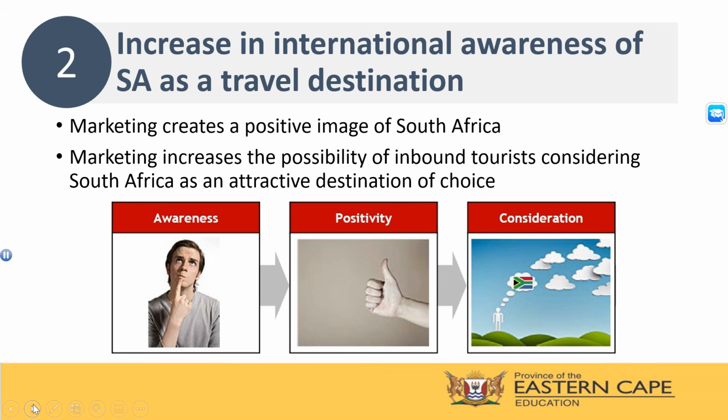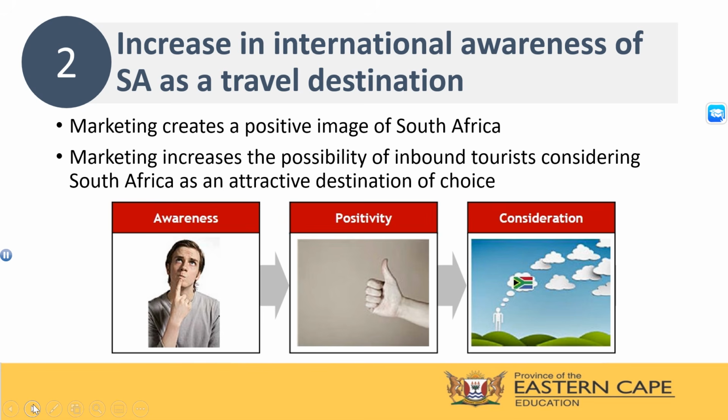If we then continue with our second key objective, and that is that marketing will create a positive image of South Africa. So remember, we've got our destination characteristics that we want to showcase.